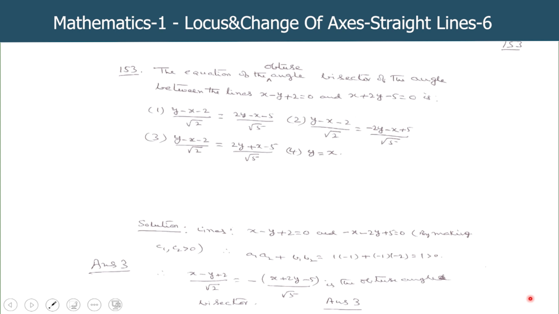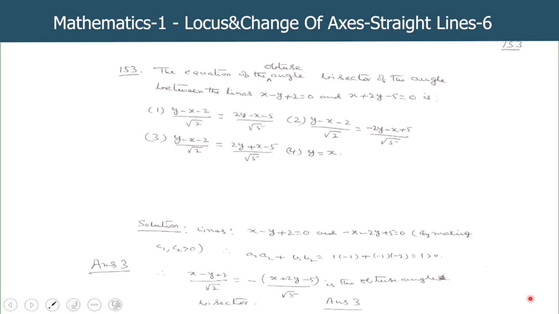For that, there is a procedure. In the given equations of the lines, make both constant terms positive or both negative, whatever may be. In fact, you make both of C1, C2 positive. That means C1, C2 are positive, well and good.